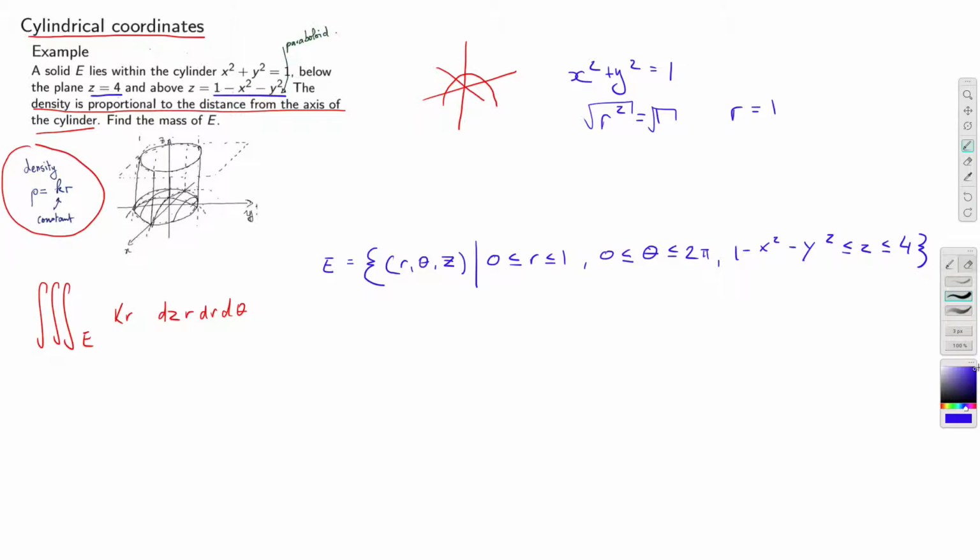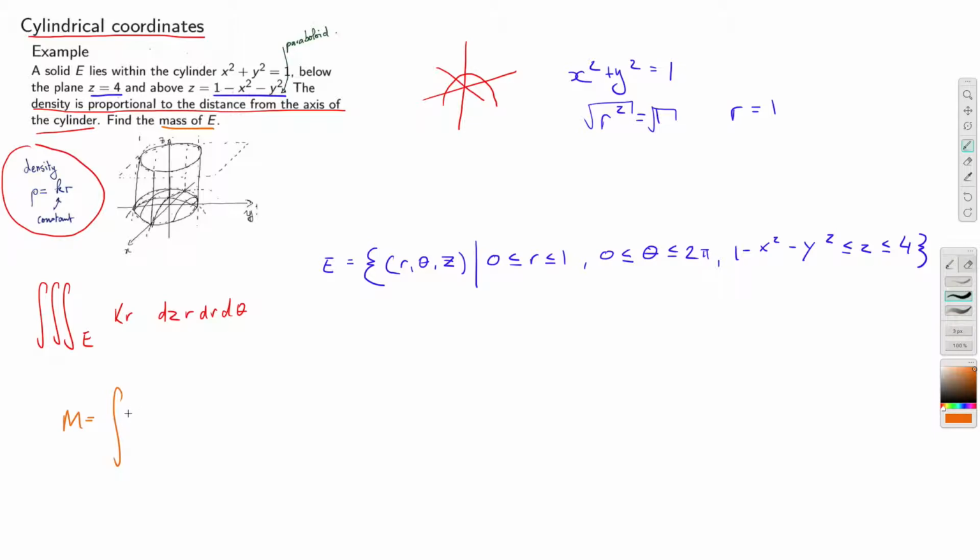Knowing all this, we can write our equation. We'll also note that we're finding mass, so mass is just the integral.